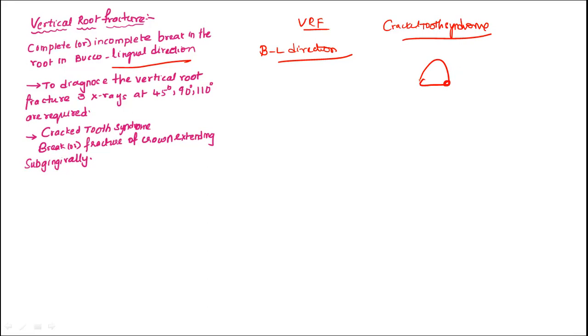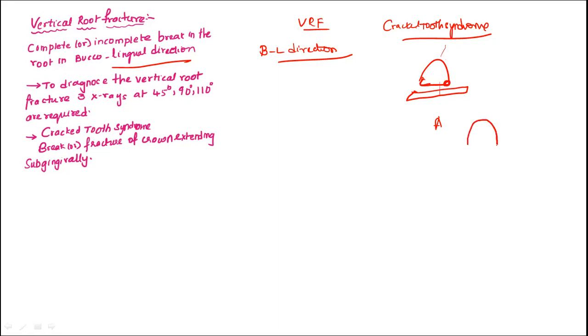You will not even find out in general, but in situations where you bite on any hard object or a cold object, even when you remove the object, because of the activation of A delta fibers, there'll be a lot of pain. Okay, in simple terms, there is a crack in this tooth.